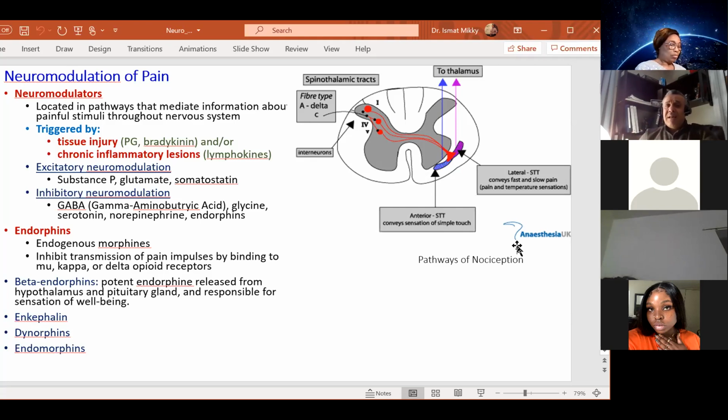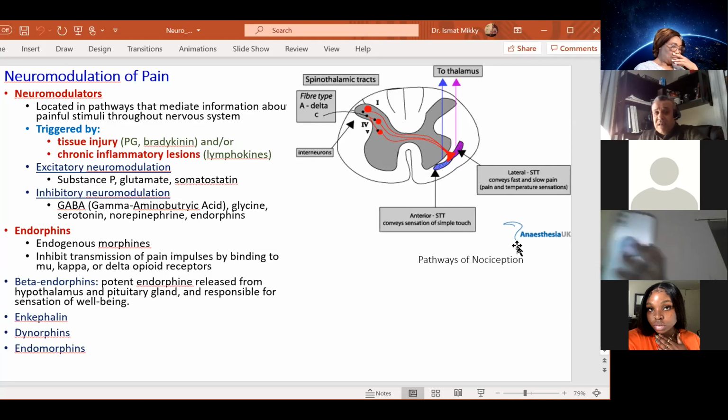And that's exactly the mechanism of how morphine and other pain medications and opiates function. The mechanism of action is that they will antagonize and inhibit the receptors. So they're going to bind to the receptors and do the inhibition. There are different types of endorphins.